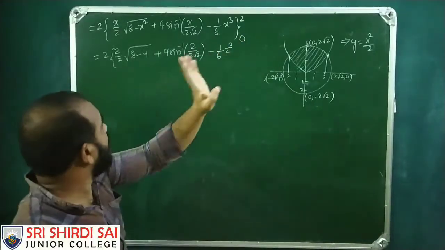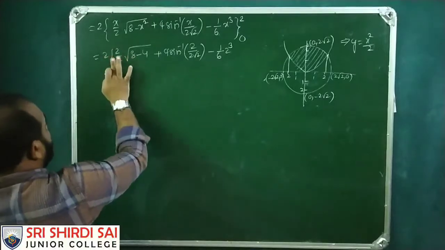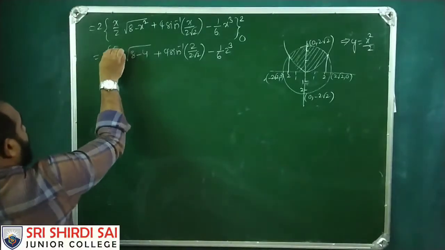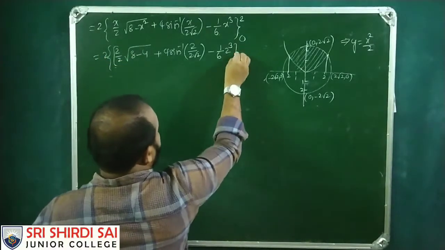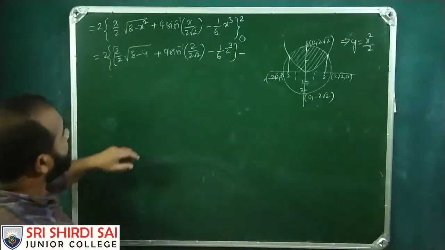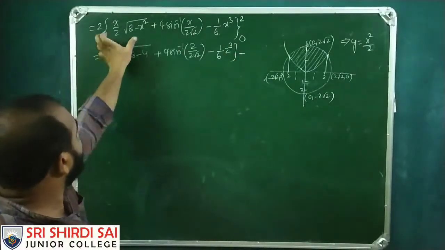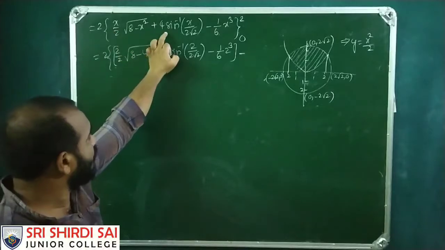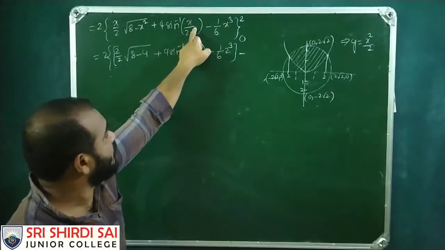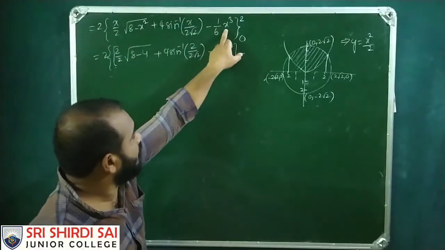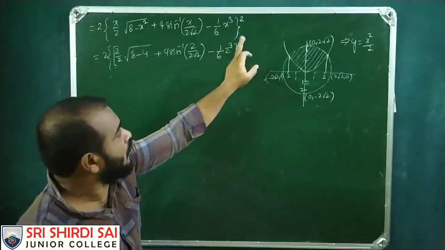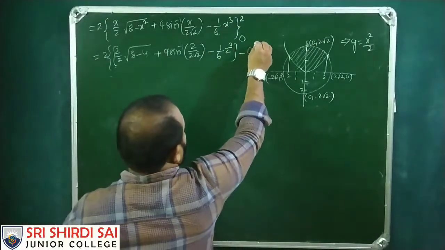This is the whole upper limit, minus the lower limit. So 0 by 2 is 0, 4 sine inverse 0 by 2 root 2, sine inverse 0 is 0, and 1 by 6 x cube is 0. So this is all 0.